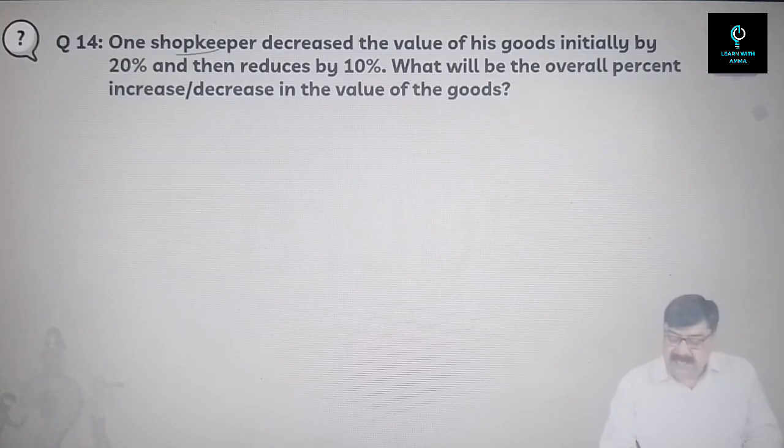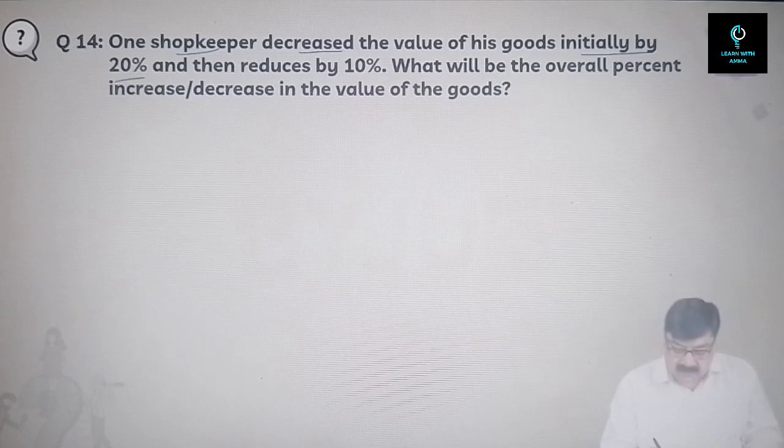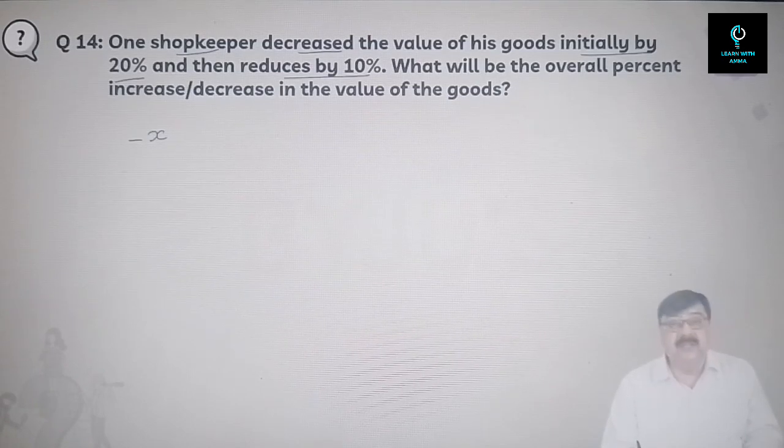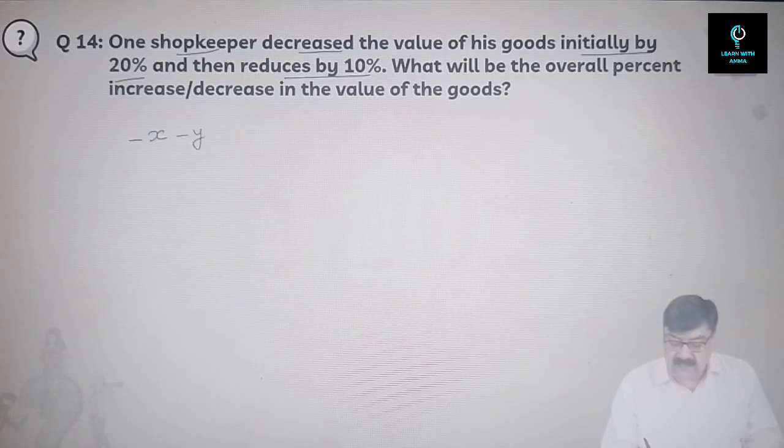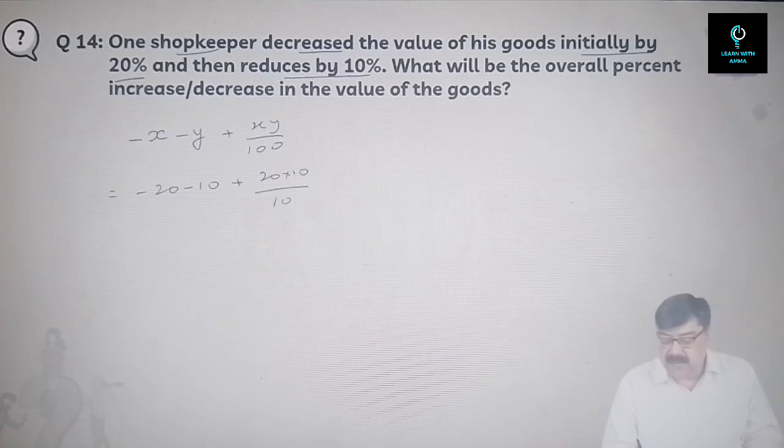Now, one shopkeeper decreased the value of his goods initially by 20%. So there is a decrease first, so minus x, and then reduces by 10%. So minus y plus xy by 100 is what we are getting here. So this is minus 20 minus 10 plus 20 into 10 by 100, zeros cancel.